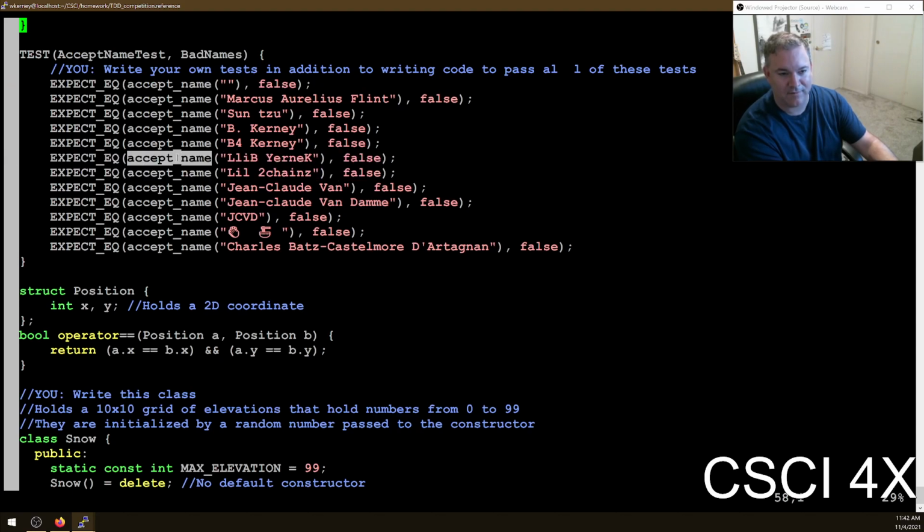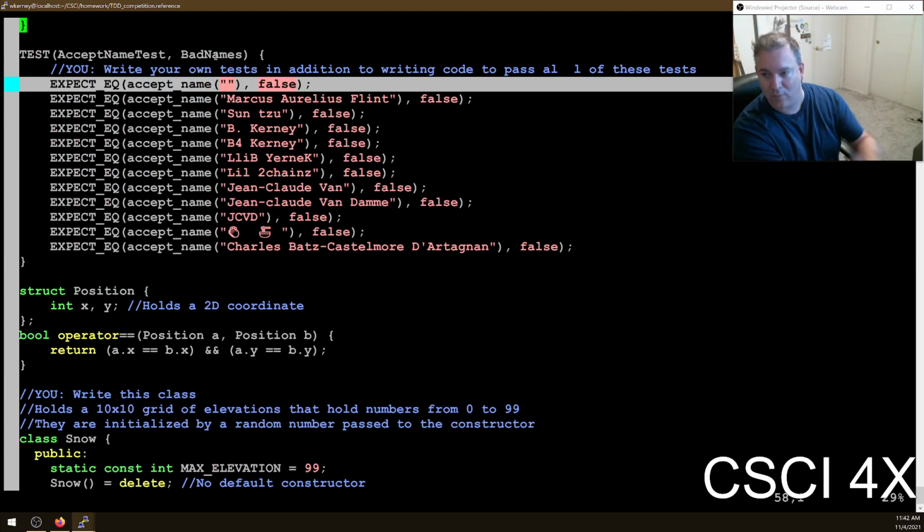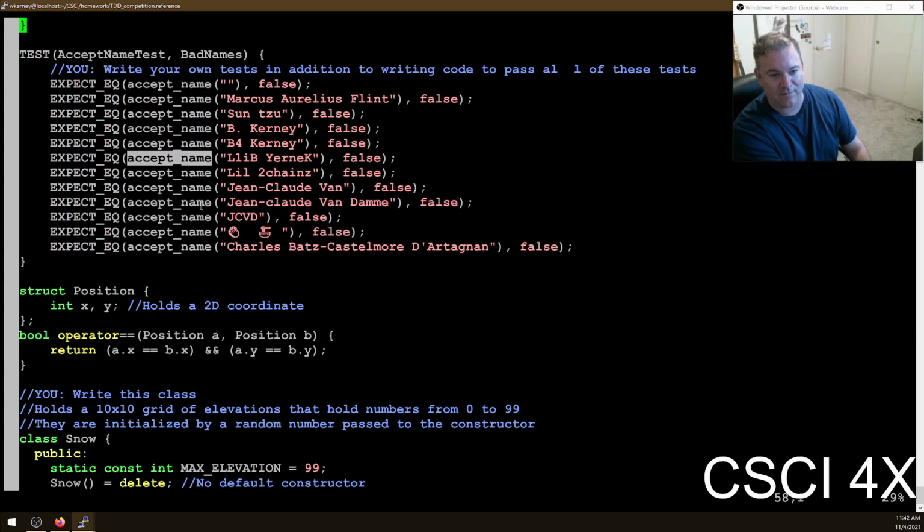The function name is accept name. You pass in the input, and you say what the output should be. And so what the test suite does is it runs each of these function calls. It runs this, it runs this, it runs this, it runs this, and compares the output with the result that it should have.